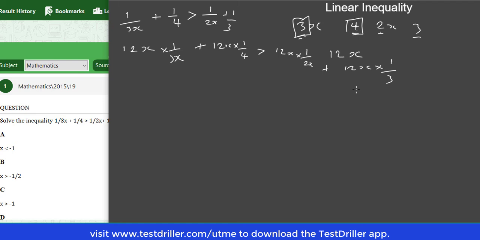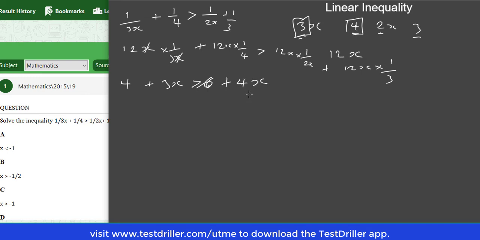So the next thing we want to do is to simplify. So x cancels out x, 3 in 12, that gives 4. Then 4 in 12x, that gives 3x. Then greater than 2x in 12x, x cancels out x, 2 in 12, that's 6. Then plus 12x times 1 over 3, that gives 4x.